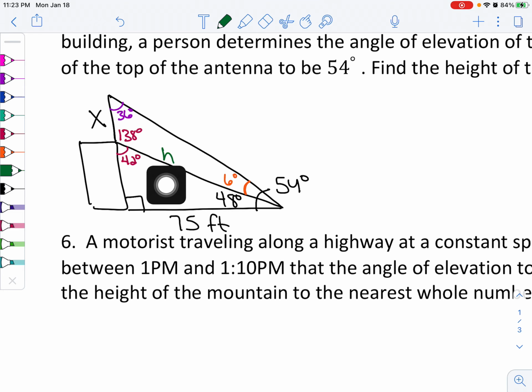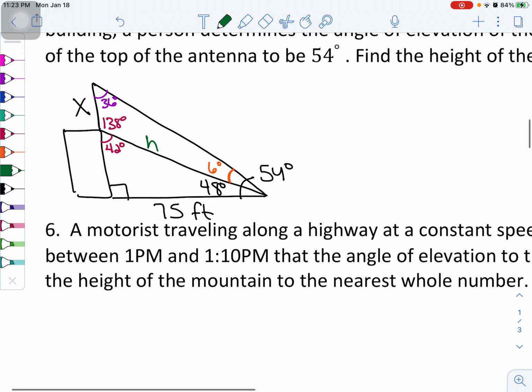And then once we have the hypotenuse, I can set up a law of sines problem to use the hypotenuse, its opposite angle, and the height of the antenna compared to its opposite angle. So in this case, it's a little different because we're actually going to do the right triangle trig first and then apply law of sines.